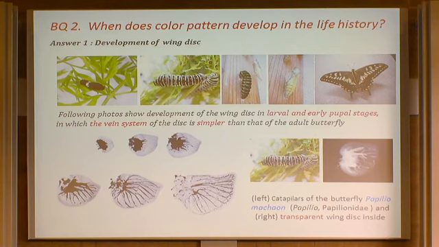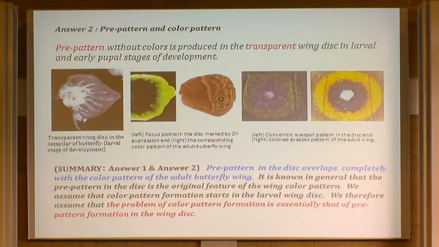However, what we call the pre-pattern, without color, is produced in the transparent wing disc in the larval and early pupal stages of development.